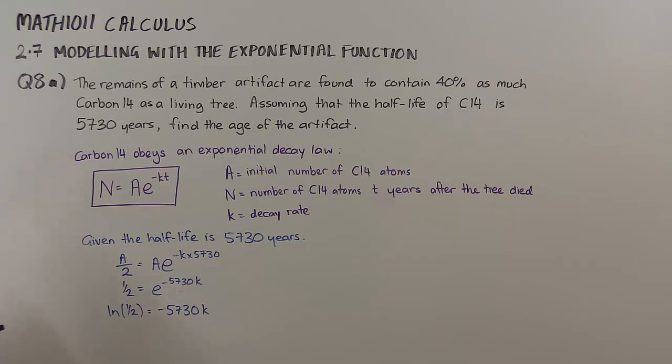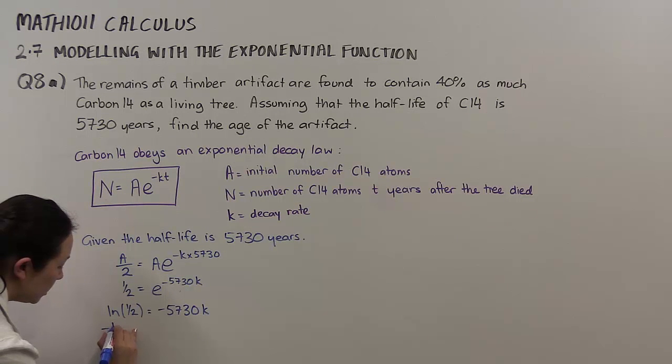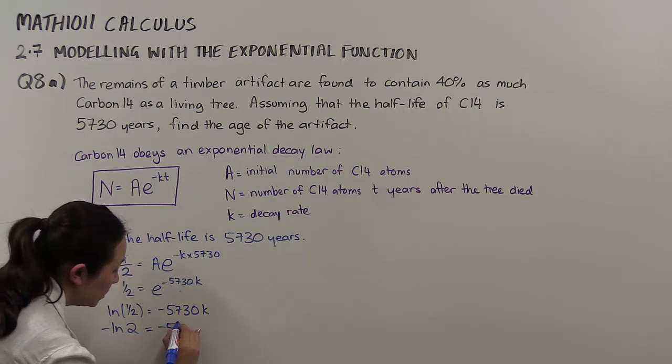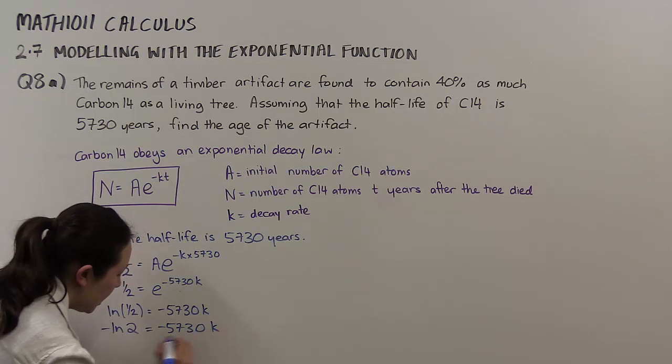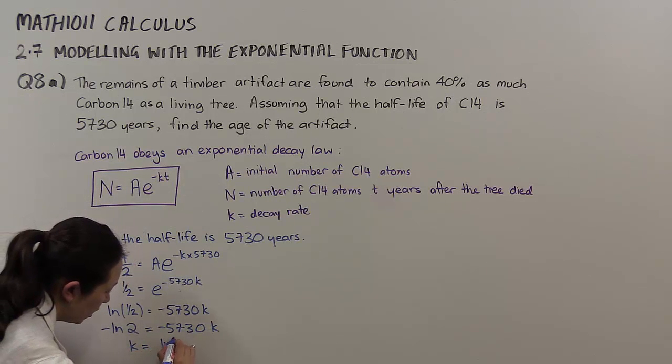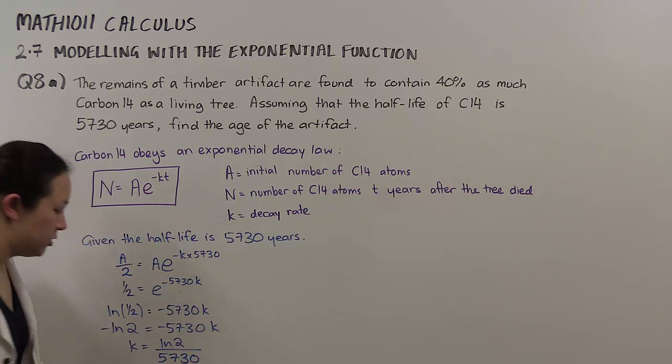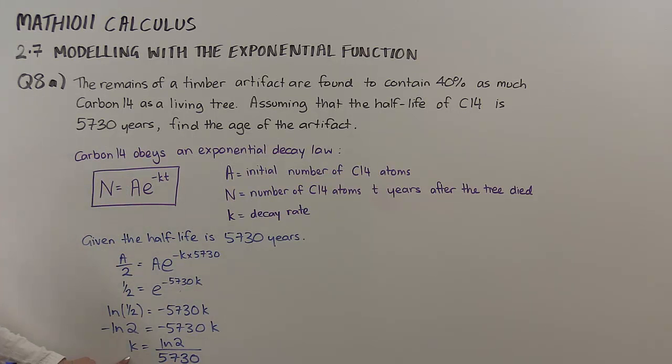Before dividing, I might just write log of a half as minus log 2. A half is 2 to the minus 1, so I can bring that minus 1 down here. And so then I'm going to write k as just the logarithm of 2 divided by 5,730. Okay, so I know this is my decay rate here.